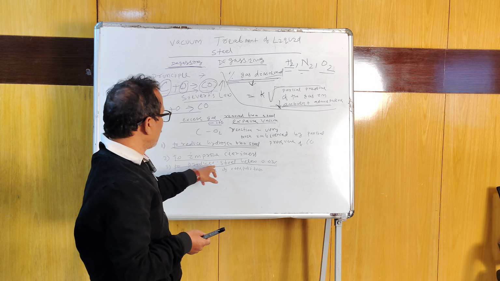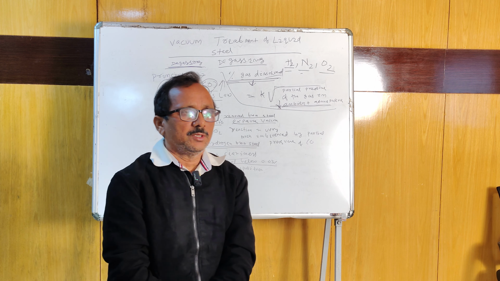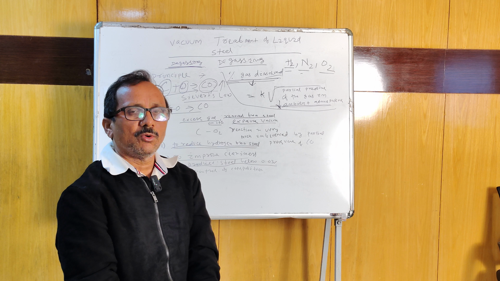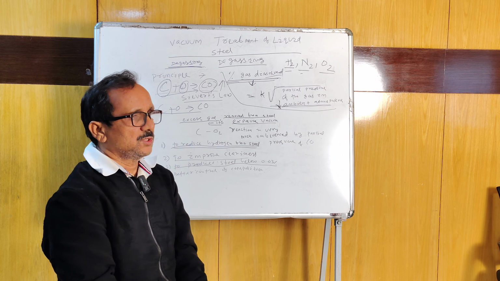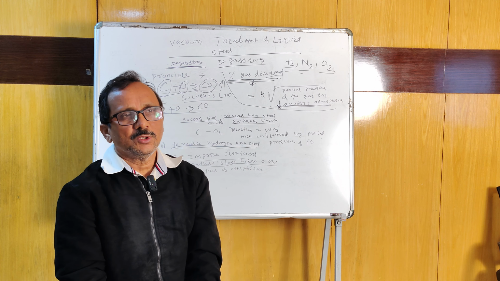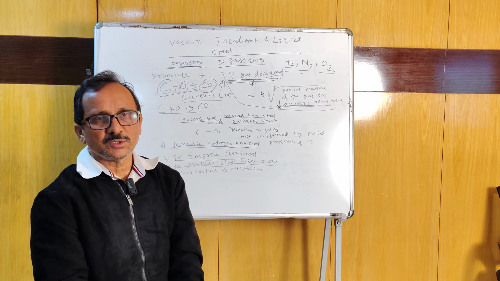The other advantage is that we can produce steels with very low percentage of carbon. You can go to a very low carbon percentage through this vacuum process. So vacuum treatment is highly essential for the advanced secondary steelmaking process.